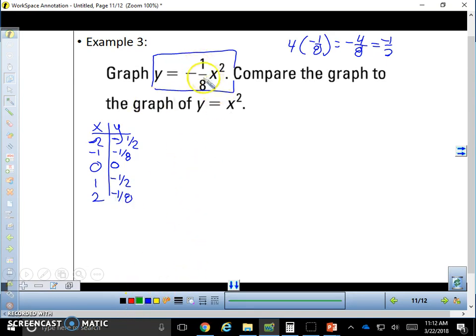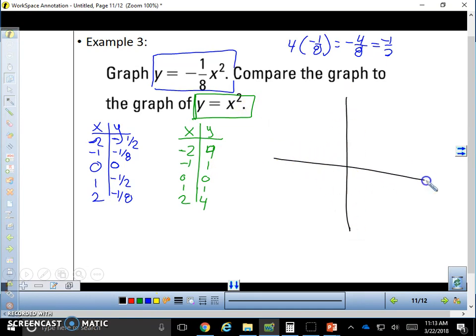Let's make our second table. -2, -1, 0, 1, 2. So -2 times -2 is +4. -1 times -1 is 1. 0, 1, 4. Our graph. We're going to compare the graph.